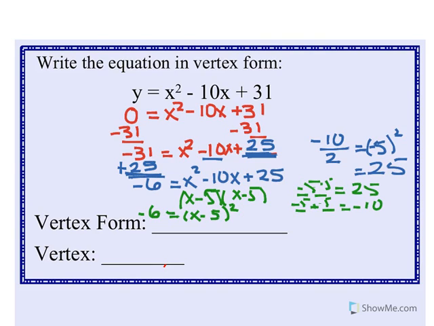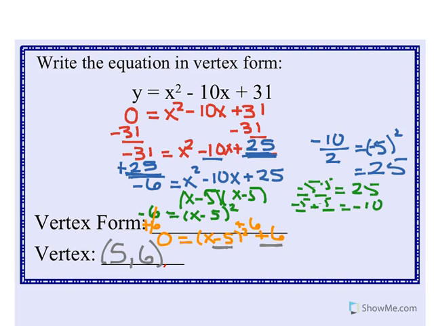Our last step is to add the 6 over so that it ends up on the other side. So now we have 0 equals x minus 5 squared plus 6. From here, we can now steal the vertex. The opposite of negative 5 is positive 5, and then the y stays the same, 6. The vertex is located at 5, 6.